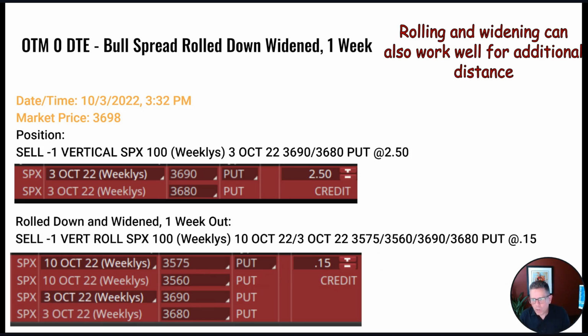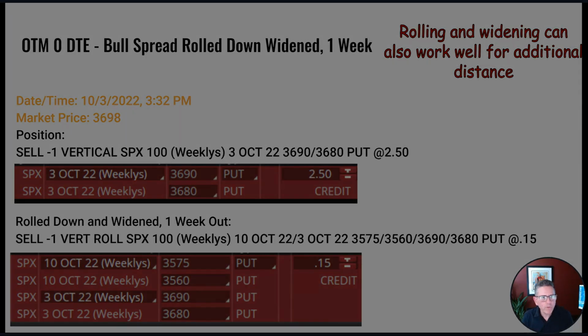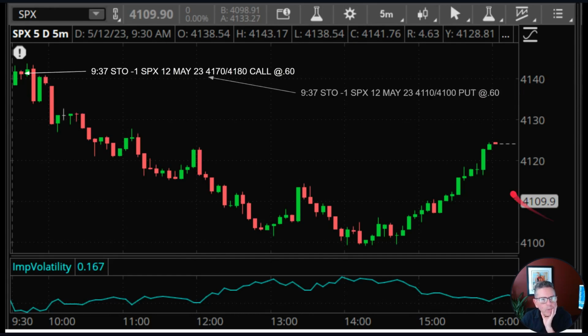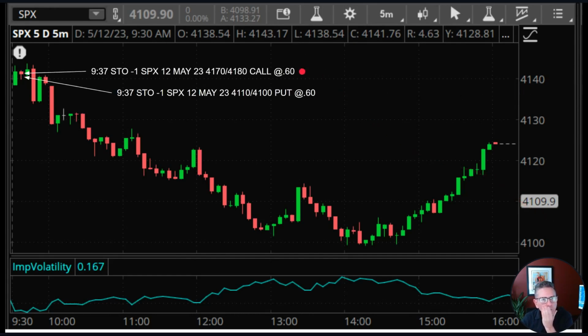All right, so let me show you some real examples of what we did here. Here we put on a trade. We put on the call spread and the put spread. You can see that the market went quite a ways down.